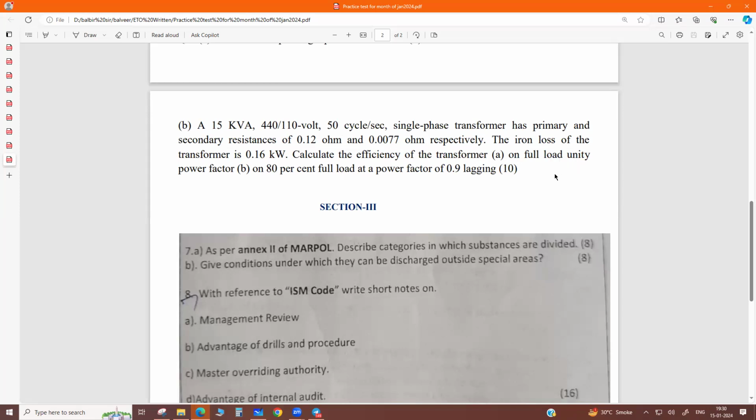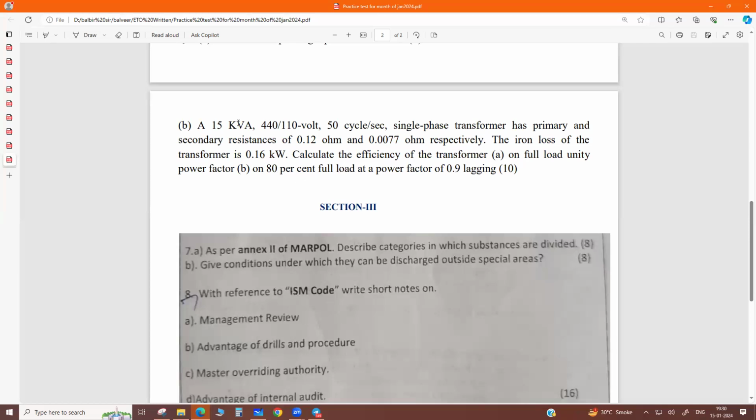Cos phi you take as 1, and then we calculate the copper loss. Iron losses are given. At 80% load. So actually it is not regulation, it is only efficiency. You have to calculate the transformer efficiency, but at 80% load, not half load.